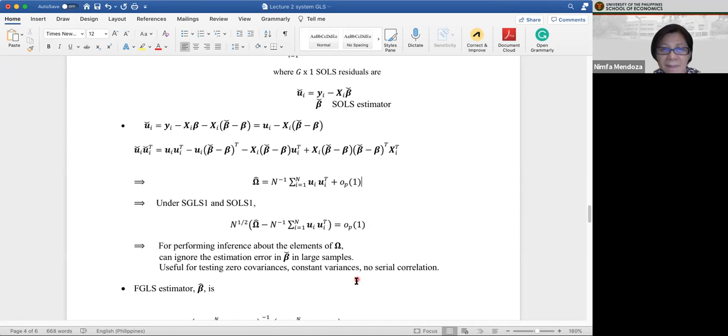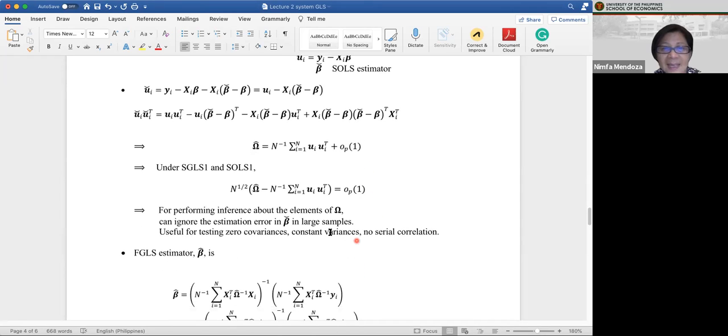This equation just leads to this. This says that for performing inference about the elements of omega, you can ignore the estimation error in beta check, the system OLS estimator, in large samples.